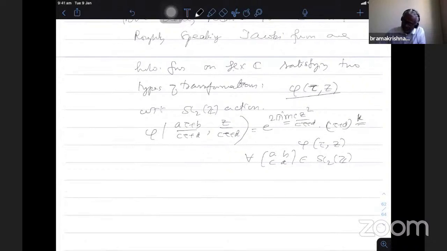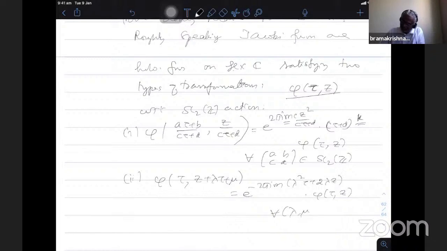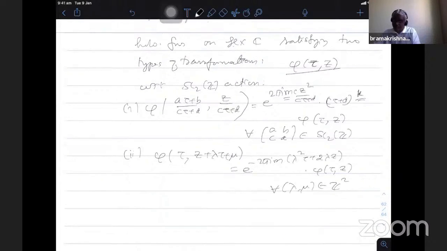The second transformation is about the lattice Z2. So the second one is phi of tau, z plus lambda tau plus mu, is e power minus 2 pi i m into (lambda square tau plus 2 lambda z) into phi of tau z. This should be true for all lambda, mu in integers. Okay, so here also this index plays a role.